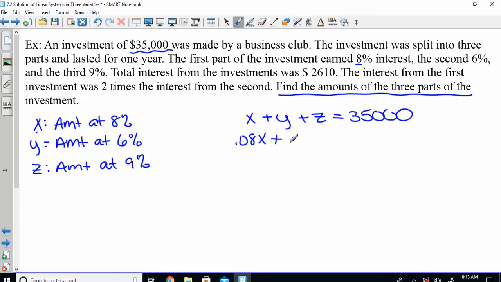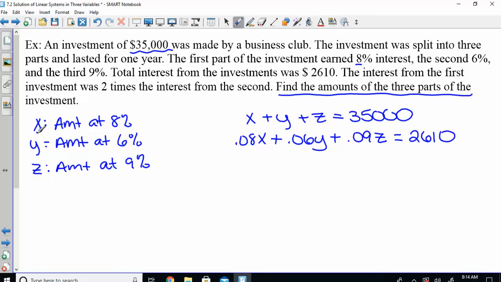Plus, for the second one, I would have y. And for my z, so this gives me my total interest, which was... since I have 3 variables, I need 3 equations. So that's what this last part is. The interest from the first investment.